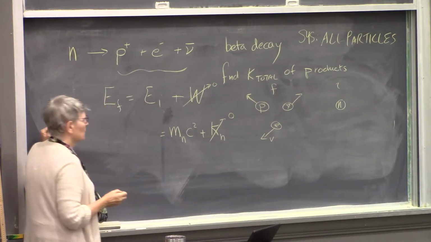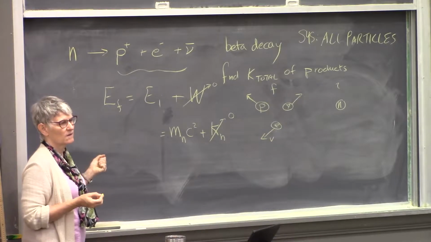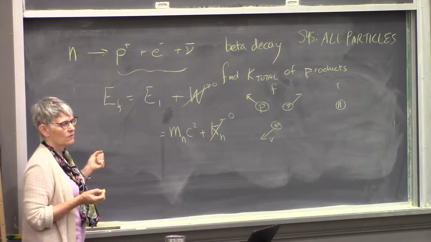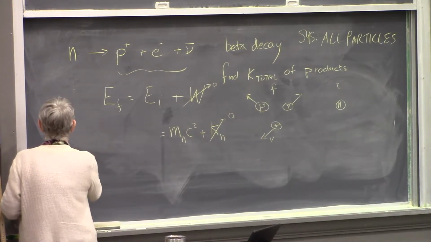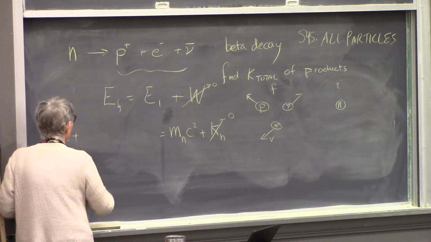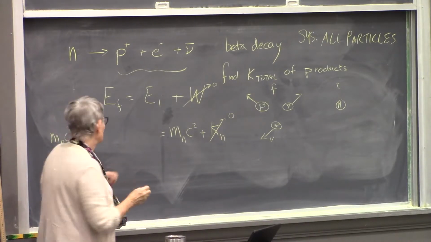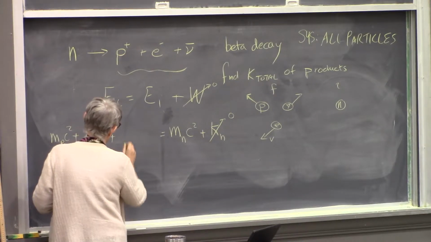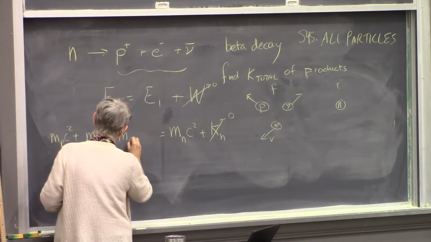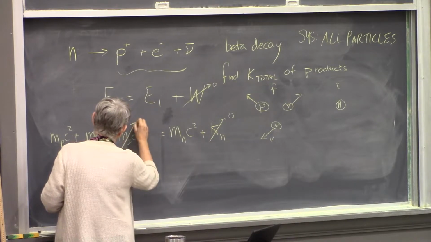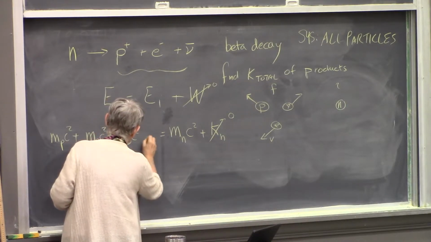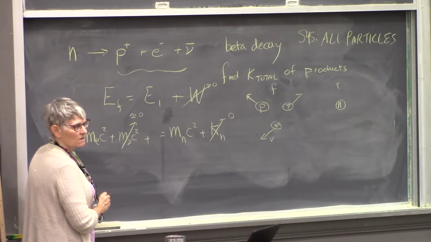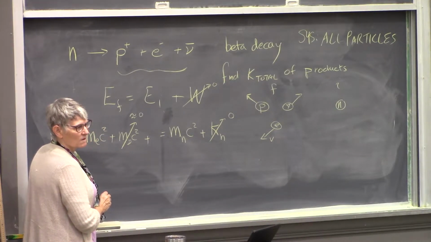And what are some of the things that go on this side? So the rest energy of the proton plus rest energy of the electron plus the rest energy of the neutrino, which is really, really tiny, plus, what else? Are they at rest?